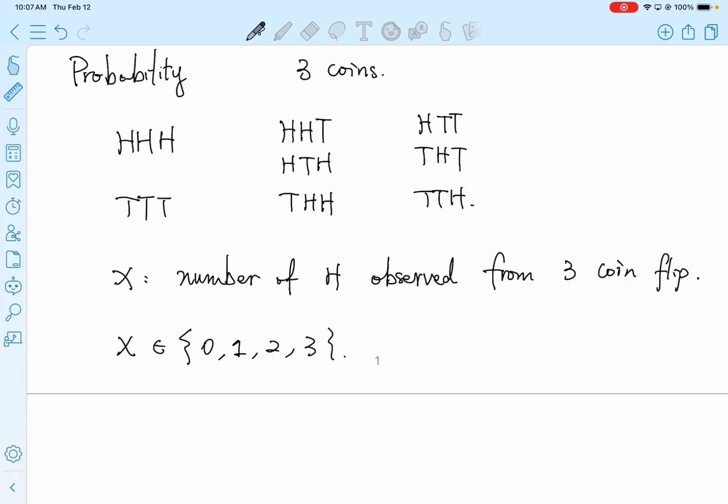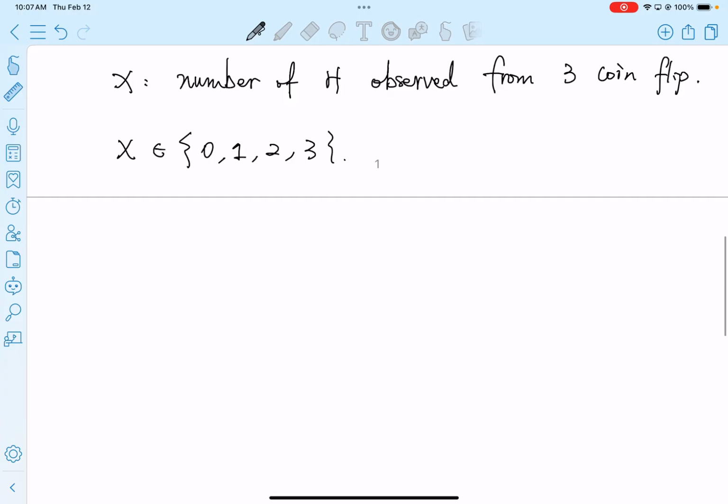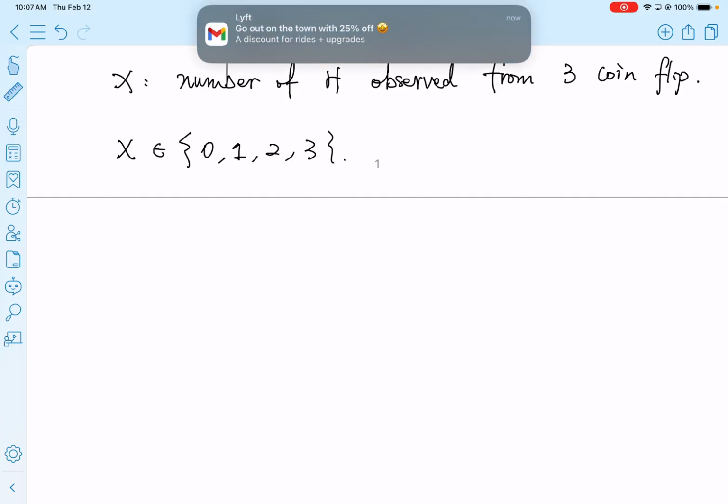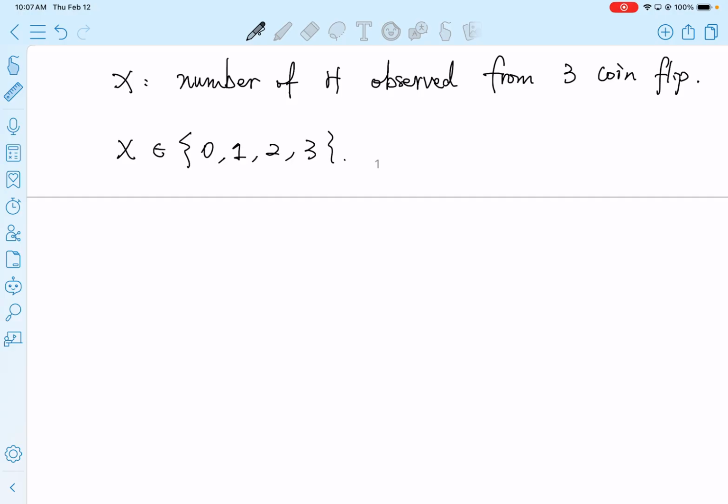And now we are ready to talk about the probabilities in these examples, like coin flipping. What is the probability that we'll be observing 0 heads, what is the probability that we'll be observing 1 head, and 2 and 3. Okay, yeah. So on Tuesday, we reinvented the binomial distribution from scratch in the following way.